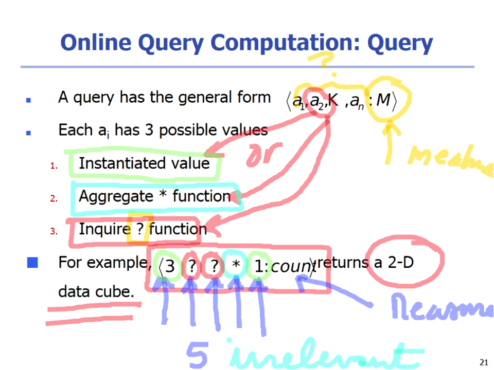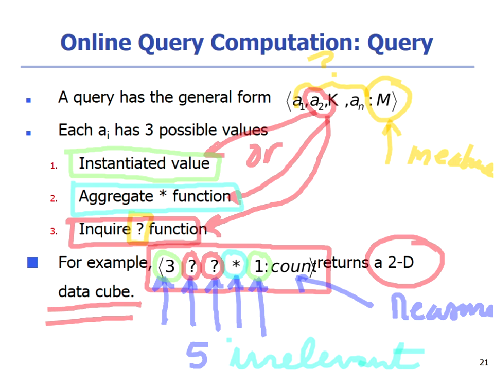Okay. So here we talk about a query, and the result of this query is a data cube. So the dimension of the result depends on the number of dimensions that are inquired. So in our example, the second and the third dimensions are inquired.